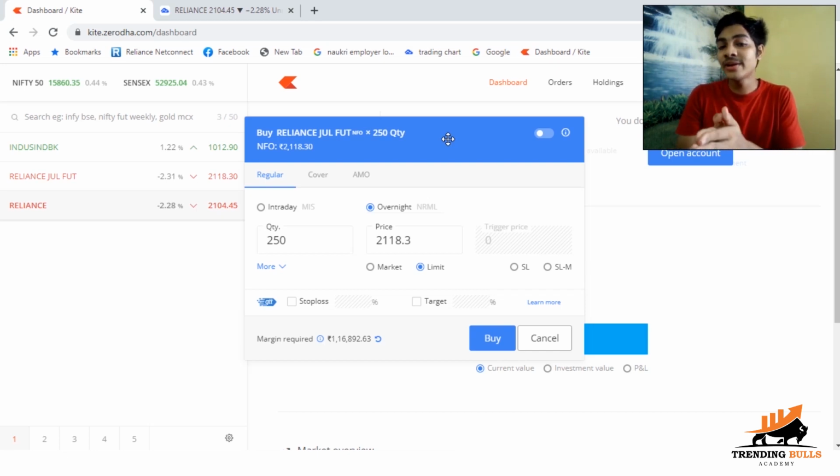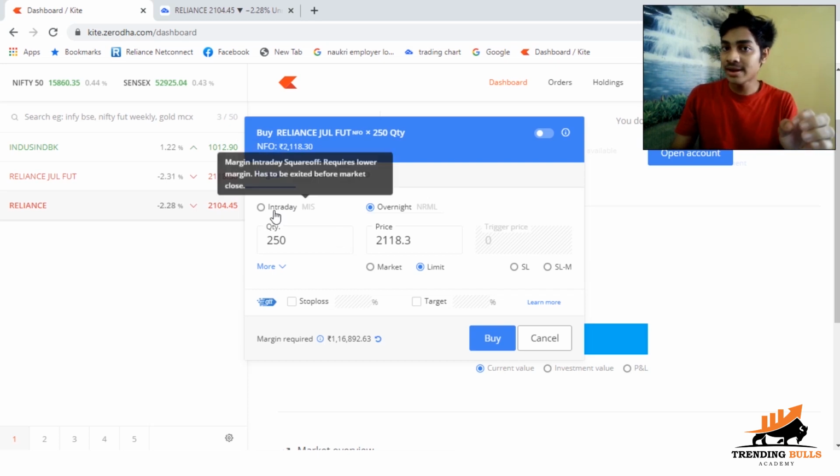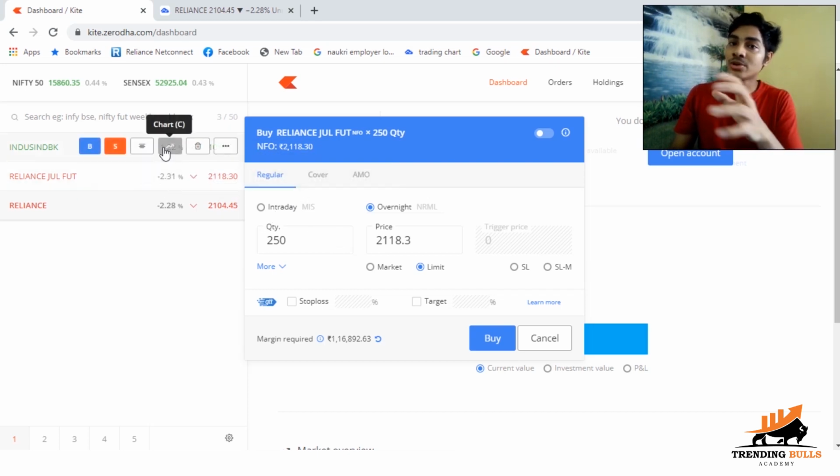Now then why do we have to go with futures? We need a very huge capital, correct? To buy a future lot we need 1 lakh, and also you have to go only with the basket. Then why should we do it in futures? That question might be there. It's because in futures you can do a multi-day short, whereas in intraday, if you have shorted, you have to square off your position by the end of the day.